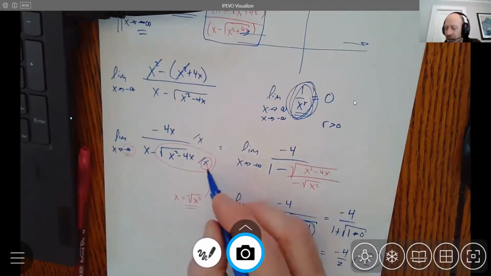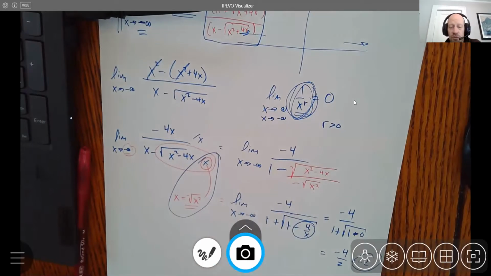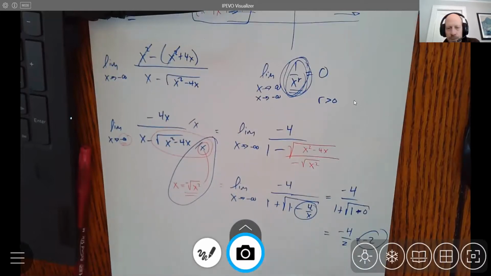And then secondly, it has this substitution, which is the other complication. So the good thing is those are pretty much the only 2 complications that you'll get with these sorts of limits at infinity. There's not really any others that I can throw at you.